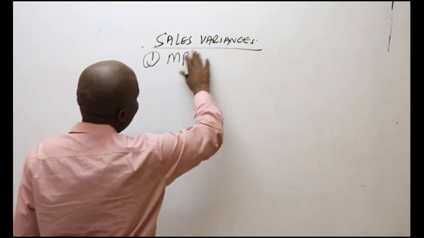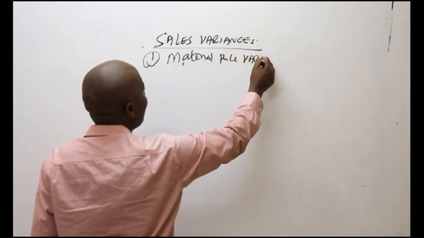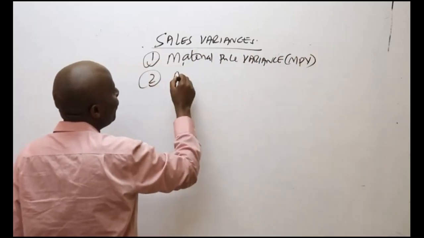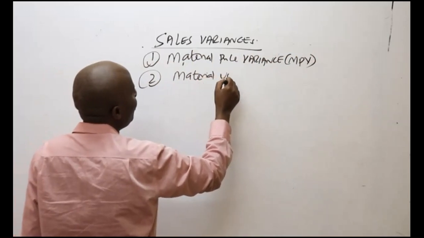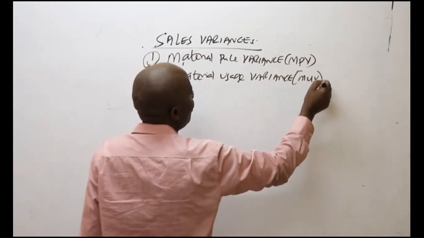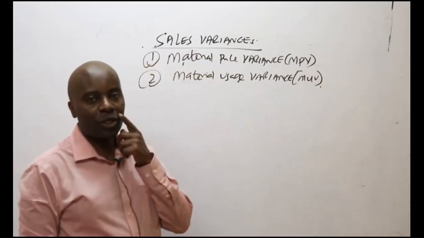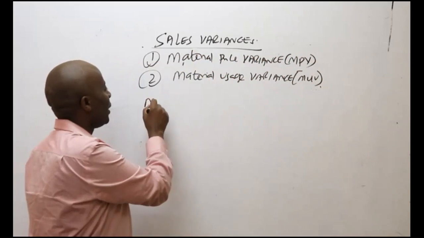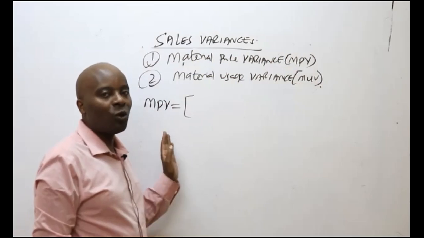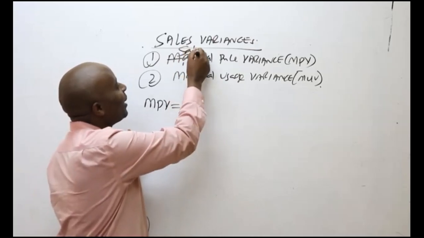We have material price variance, what we shall be abbreviating as MPV, and then number two, the material usage variance. So we start with the first one, the material price variance. So how do we get material price, or not material, sales? I'm going back. This is supposed to be sales.